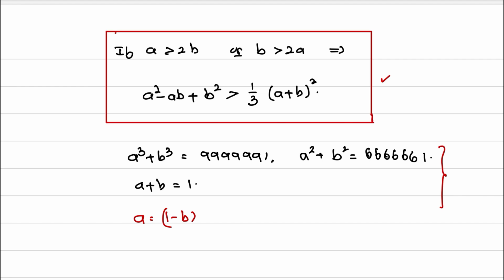You will be able to get 99999991 or a square plus b square 66666661. That shows a is negative if b is big positive.